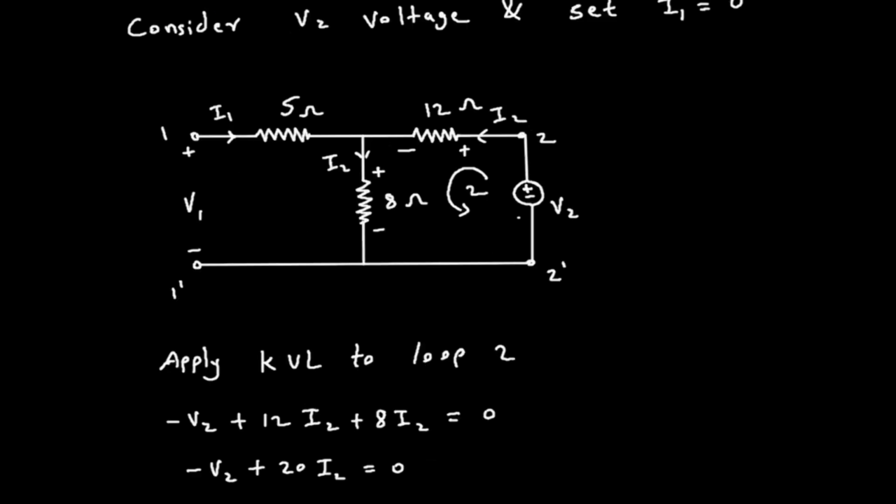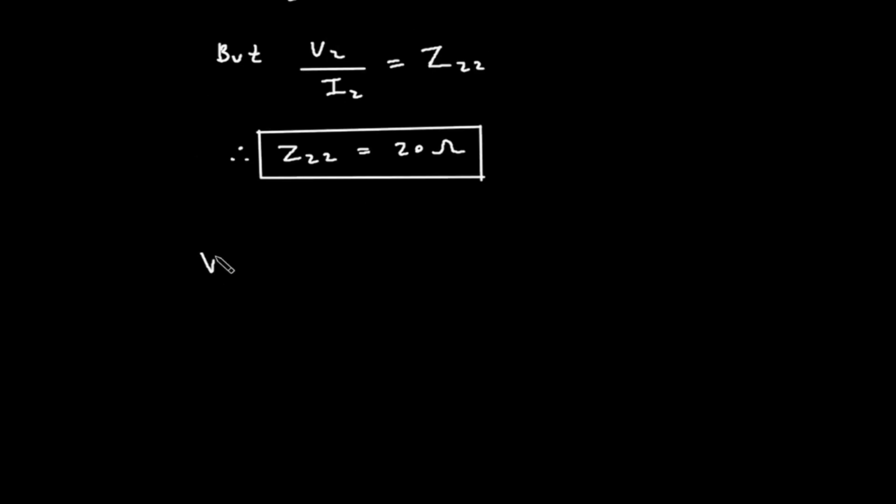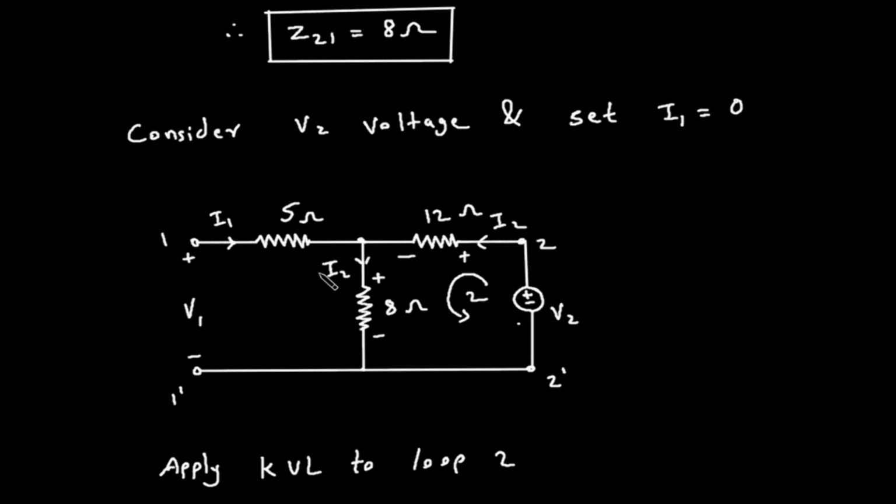Then next, here we have to find this V1. So V1 is equal to this voltage. Since it is open circuited, the voltage across this 8 ohm will be V1. So V1 is equal to 8 into I2.